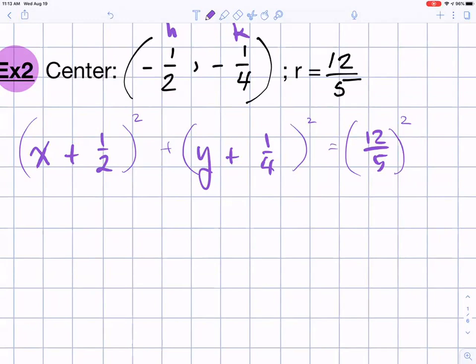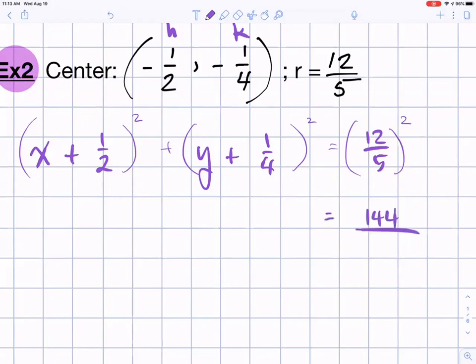But anyway, here's the deal. Fractions are easier. The only time I like to deal with decimals is if I'm talking about money. So when I want to square 12/5, remember that when you multiply fractions, all you have to do is multiply the tops, multiply the bottoms. So square the top, what do you get? 144.